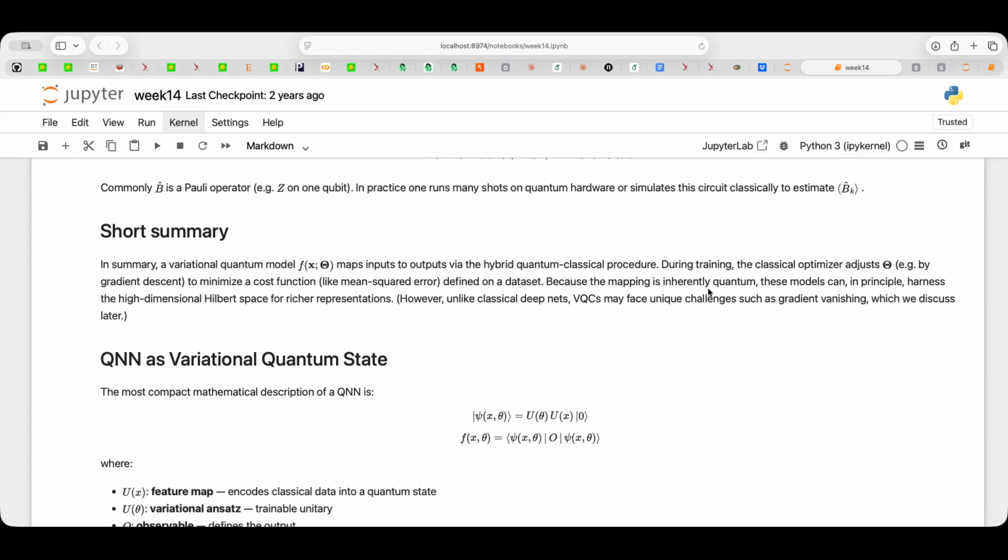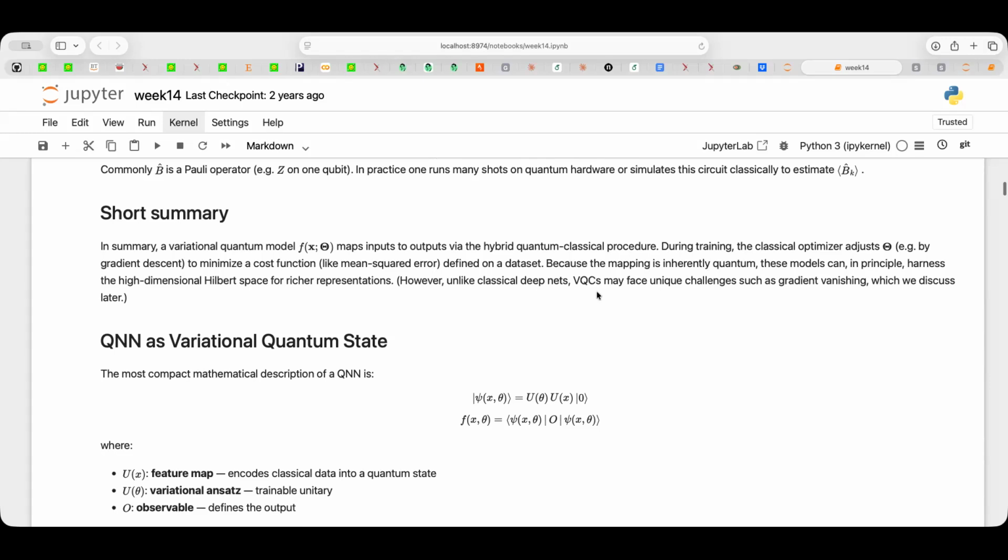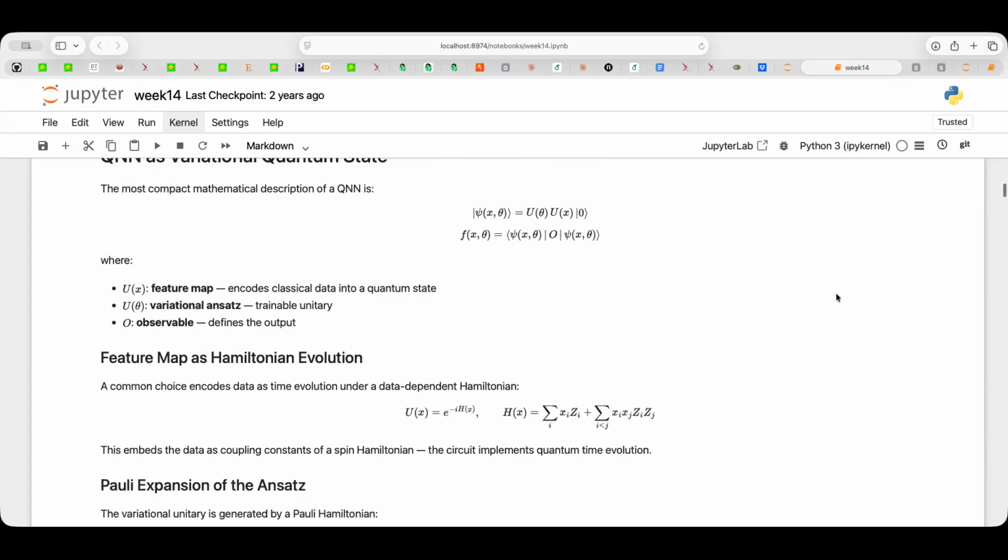And because the mapping is inherently quantum, these models can in principle harness the high-dimensional Hilbert spaces for richer representations. However, unlike classical deep nets, these variational quantum circuits may face unique challenges such as gradient vanishing, which we will discuss a little bit later.